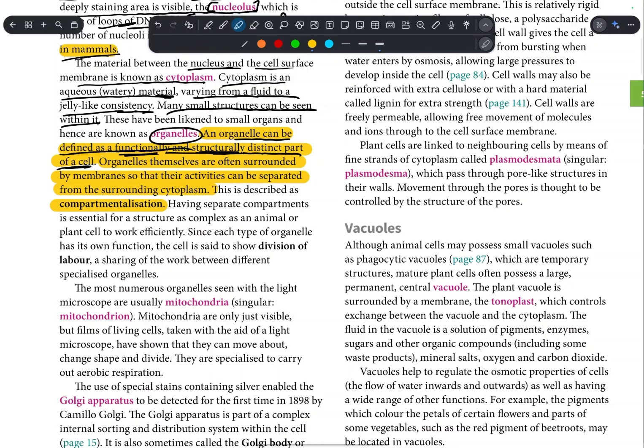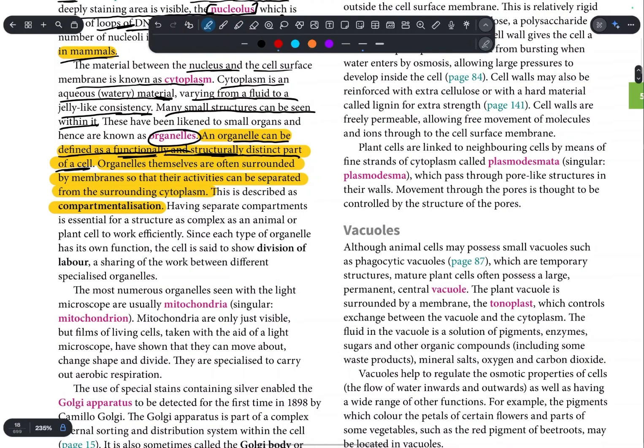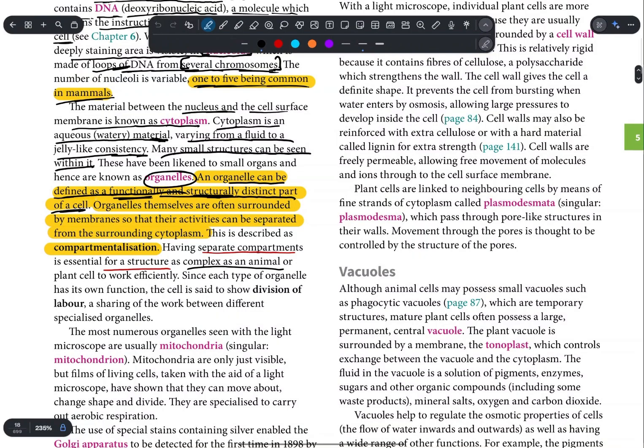Having separate compartments is essential for a structure as complex as an animal. So what do we get by having separate compartments? All the organelles are in separate areas and the work can be done very efficiently.